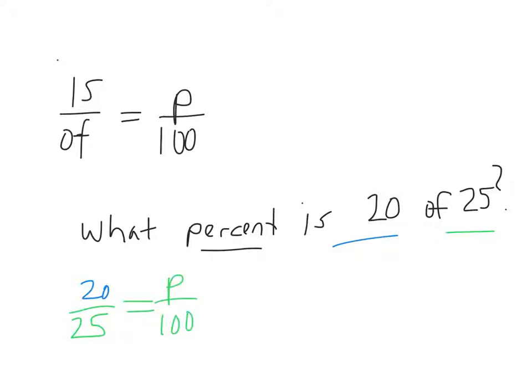So 20 times 100 is going to be 2,000. Cross multiply, and that is equal to 25P. Divide both sides by 25 and you get 80. So 80% is what 20 of 25 is. So if you get 20 out of 25 on a test, you got 80%.